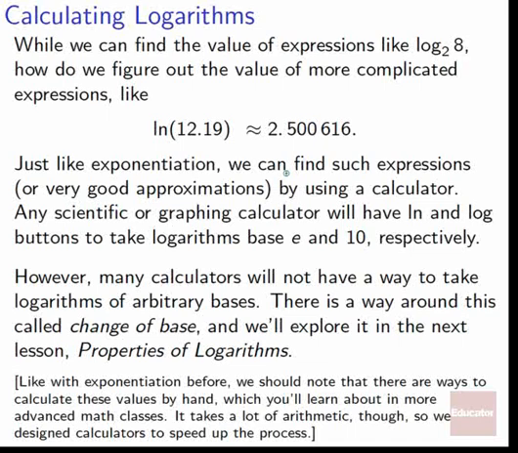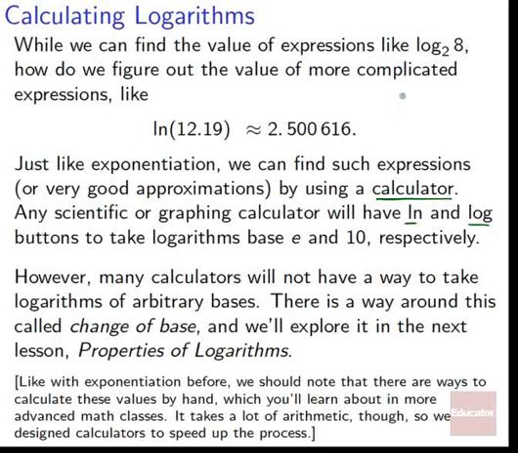So for calculating logarithms, just like exponentiation, we can find the expressions, or a very good approximation, by using a calculator. Any scientific or graphing calculator will have natural log and log base 10 buttons to take logarithms base e and 10 respectively. However, many calculators will not have a way to take logarithms of arbitrary bases.